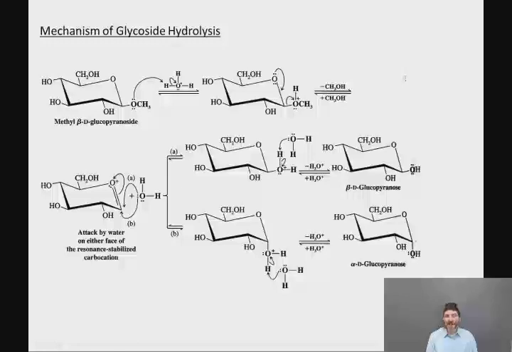If it attacks the top face, that's going to lead us to the beta anomer of glucopyranose, and if it attacks the bottom face, that will lead us to the alpha anomer. Just like in the mechanism of glycoside formation, we have an intermediate because water is attacking as a neutral nucleophile where the oxygen still has 3 bonds and a positive charge, and then that intermediate will get deprotonated by an additional molecule of water to give you the neutral hemiacetal product.